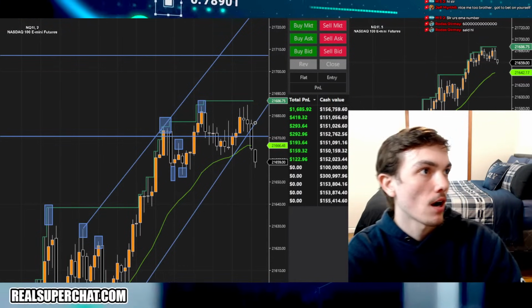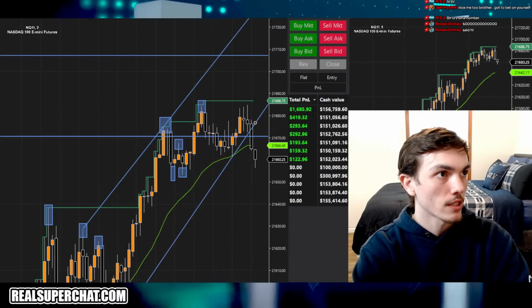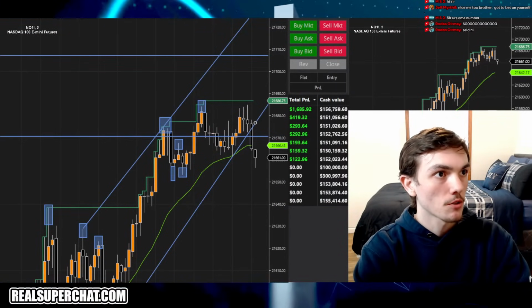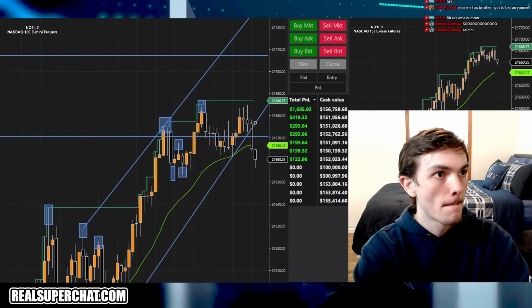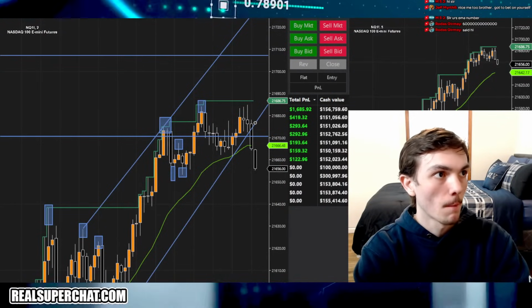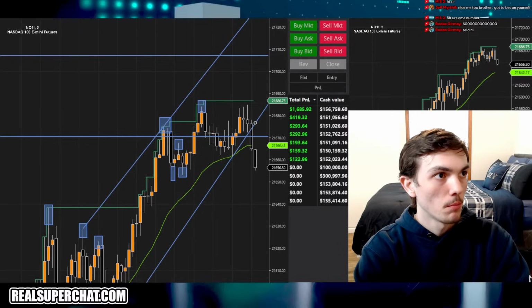NQ did create a higher high though, so I was a little cautious. It's currently rejecting that 21 EMA. It's about to come up and test it. Let's see if this creates a lower high. It may just full reject here. May not get a bounce.